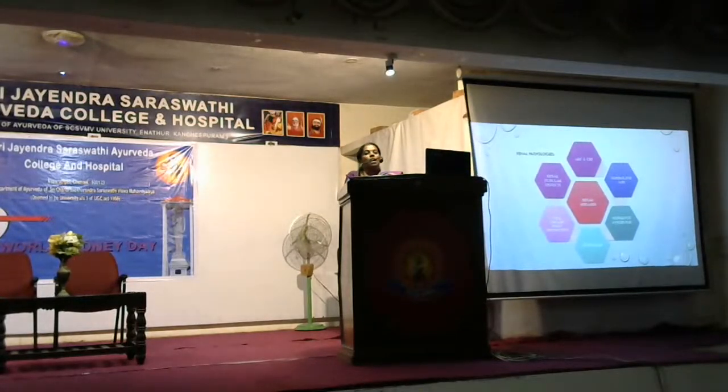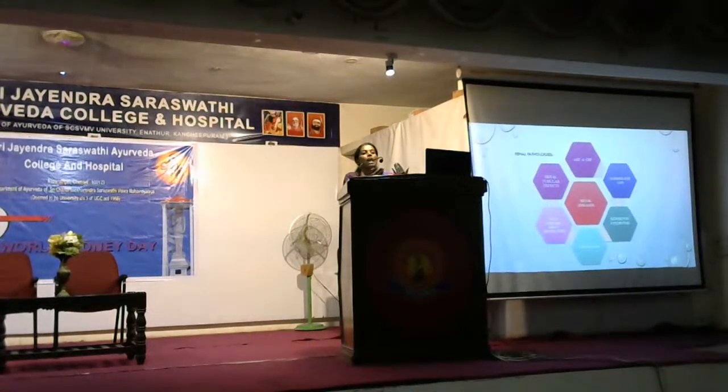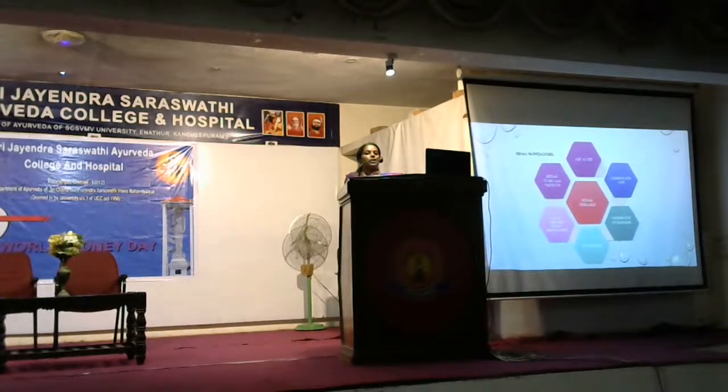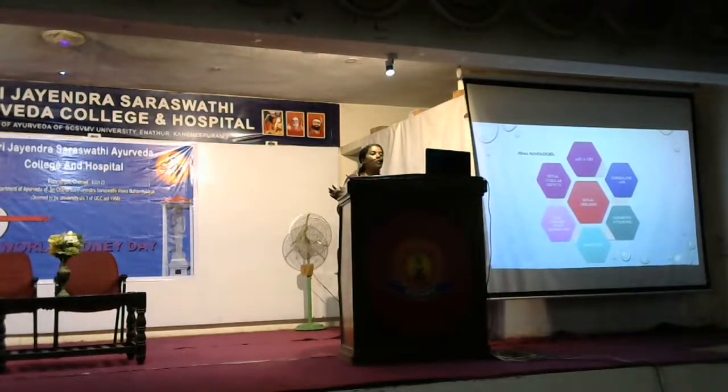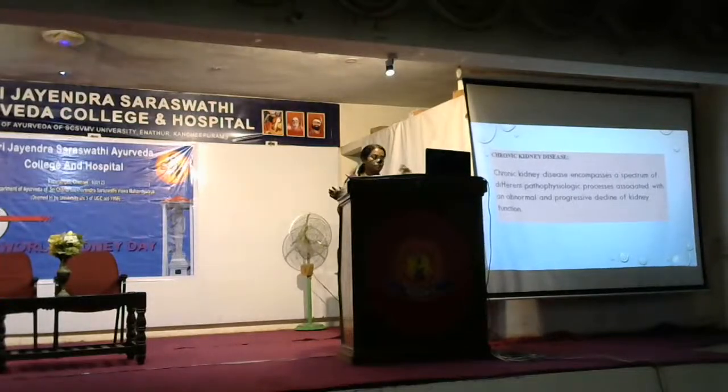Renal diseases are a syndromic presentation which includes acute renal failure, chronic renal failure, nephrolithiasis, nephrotic syndromes, neoplasms, urinary tract infections, urinary tract obstructions, and renal tubular diseases. So, for the subject proper, we are going with chronic kidney disease. Chronic kidney disease encompasses a spectrum of different pathophysiologic processes.